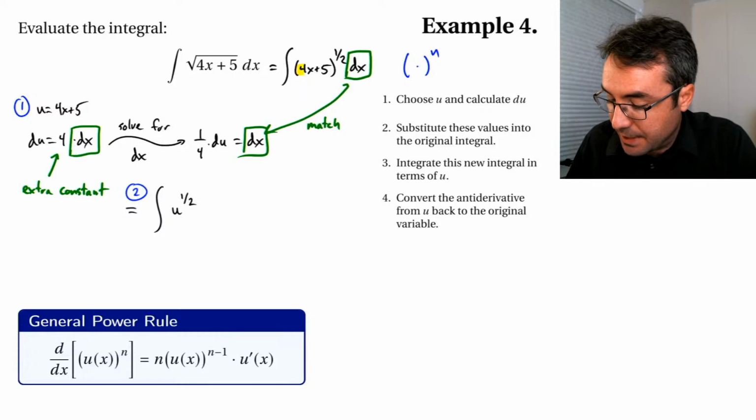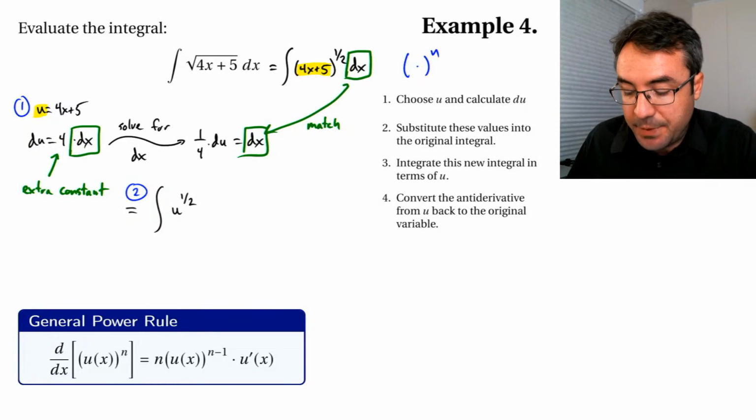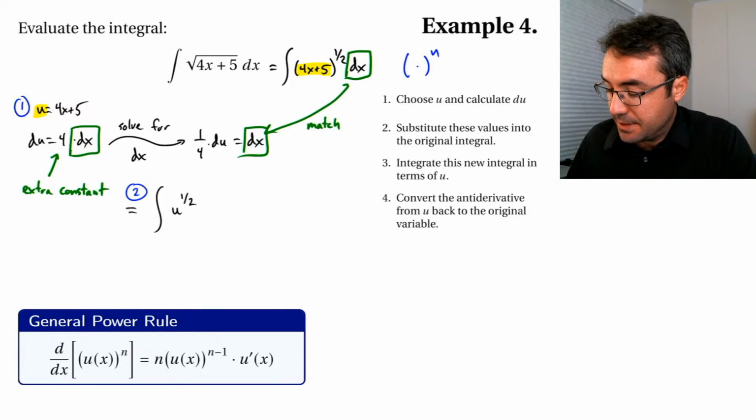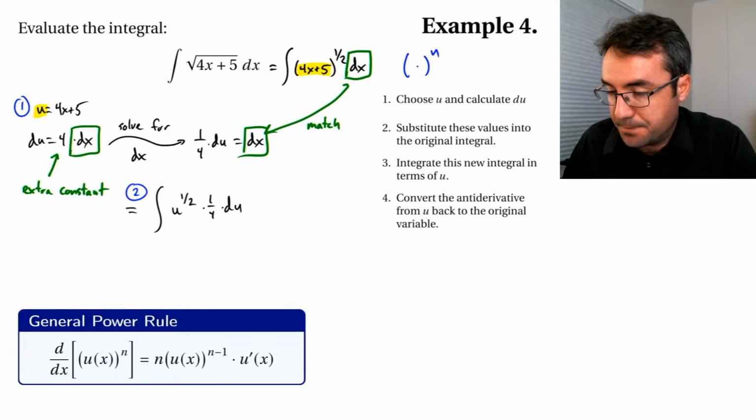And that's because I'm saying, all right, this 4x plus 5, that's my u. So I have u to the 1/2. And then my dx there at the end, that's going to become 1 over 4 times du.